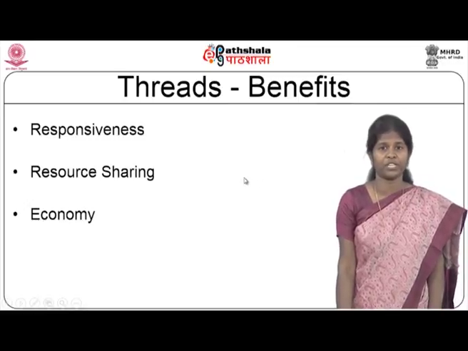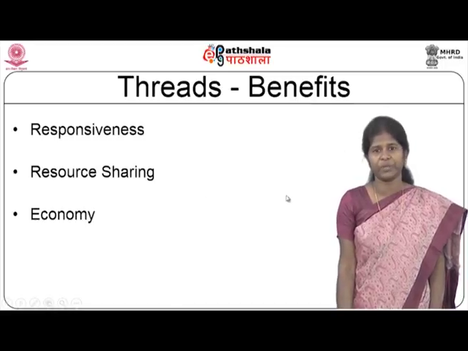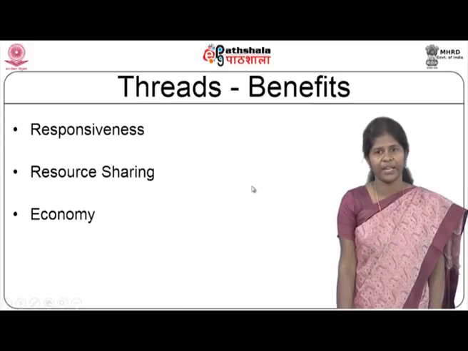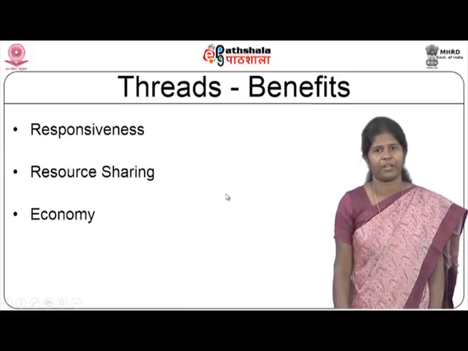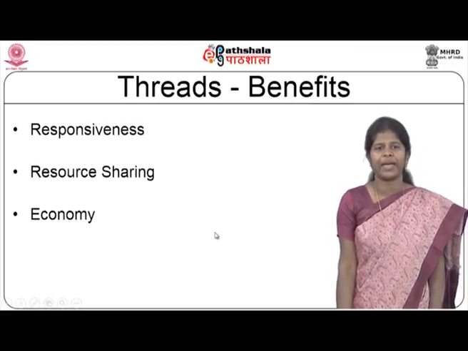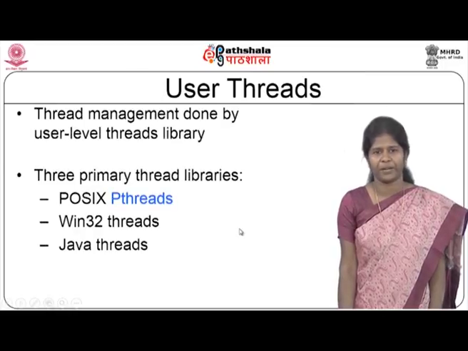But if all the threads are going to be different processes, then resources have to be allocated independently. Here in the case of threads, sharing of resources can happen. All threads of a particular process can share the resources, and hence it is economical and resource sharing is provided.